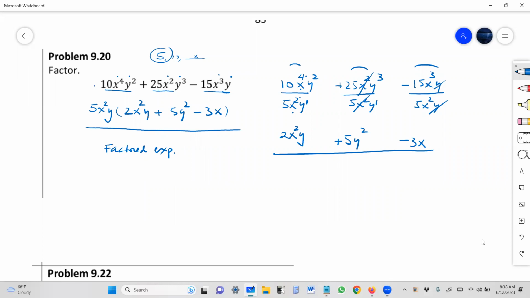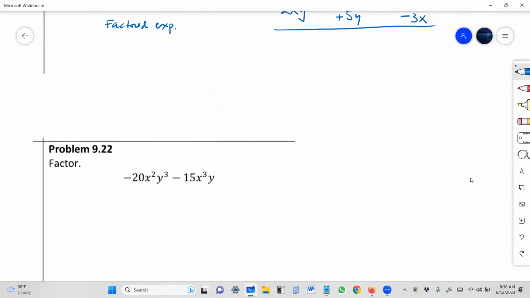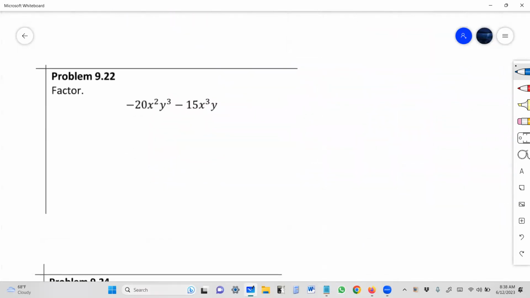All right, let's take a look at another problem. This is 9.22, and it's simpler than the one before. I only have 2 terms, but now I have a minus as my first term. It's okay, no problem. We apply the same technique. I have to find the GCF between minus 20 and minus 15.